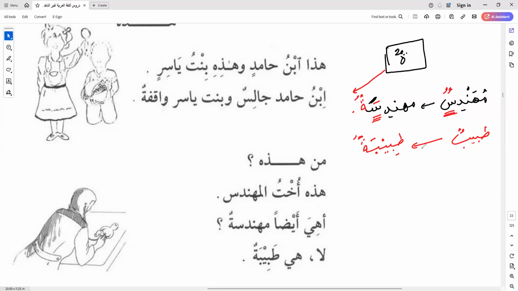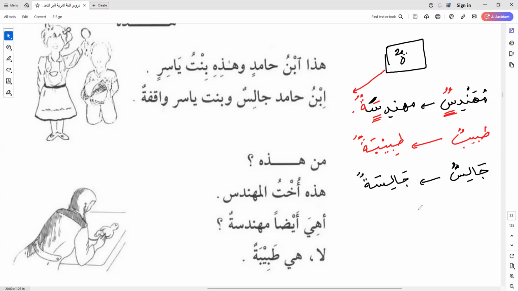So if I have, let's say, jalisun, as we already discussed, this is an adjective, an attribute, right? It's a title. Jalisun, then I'm going to write jalisatun. Look at it again. The sin, instead of sun here, becomes sa. And this is a transformational skill that you need to develop.